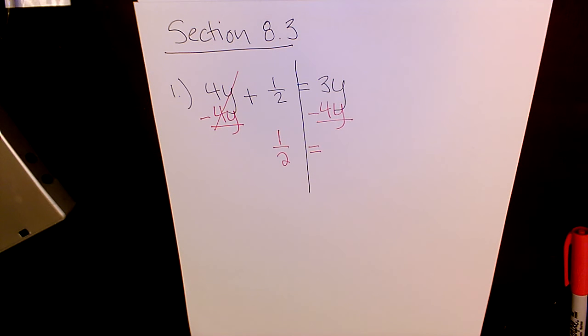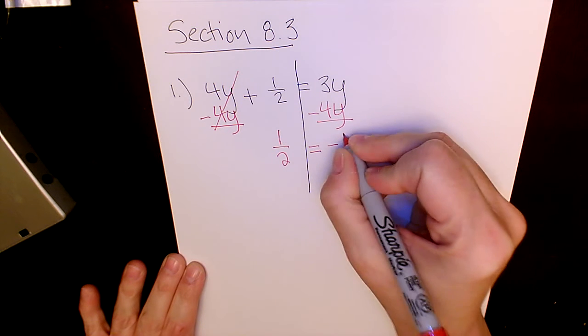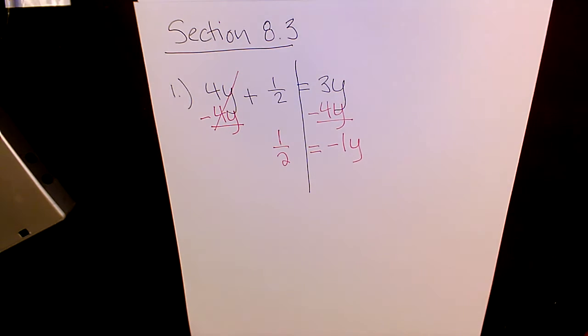What's 3y minus 4y, or what's 3 minus 4? We subtract, right? And we get negative y, or negative 1y if you want. So I've got 1/2 equals negative 1y.